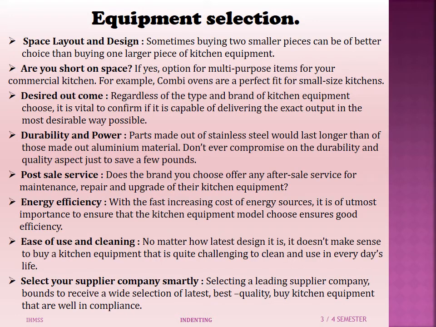No matter how latest the design is, it doesn't make sense to buy kitchen equipment that is quite challenging to clean and use in everyday life. Number eight, select your supplier company smartly. Select a leading supplier company bound to offer a wide selection of the latest best quality kitchen equipment that is well in compliance.